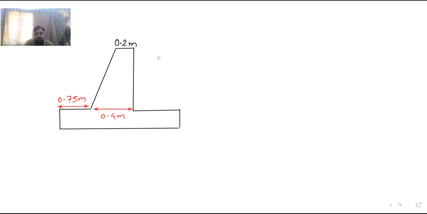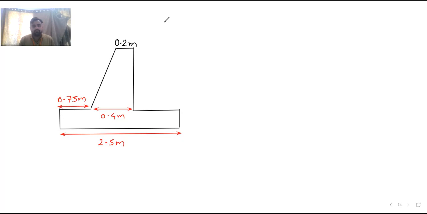This total is already known to us. This total distance B, at the start we have calculated, is 2.5 meter. Okay, and then what is the total height? Total height is 4.75 meter.